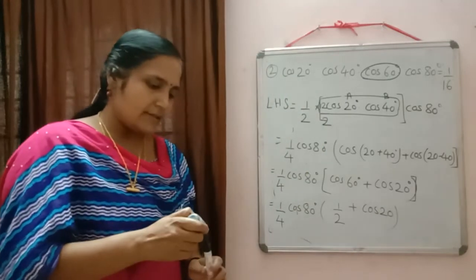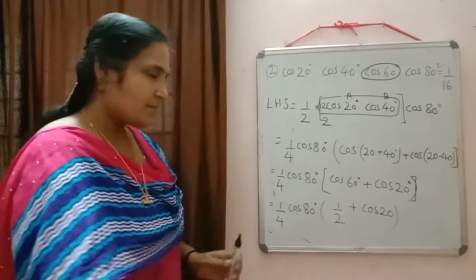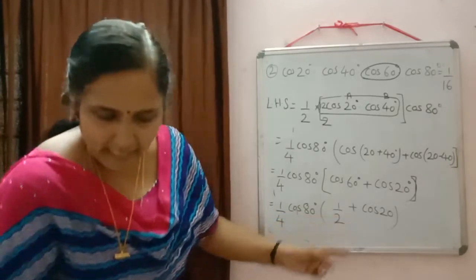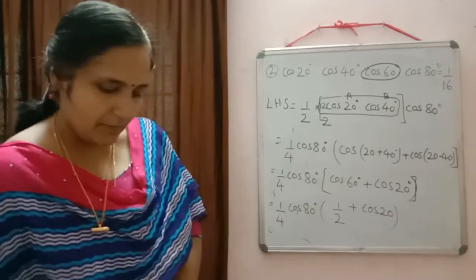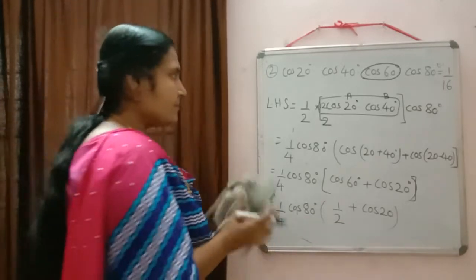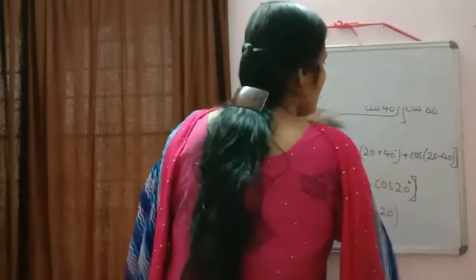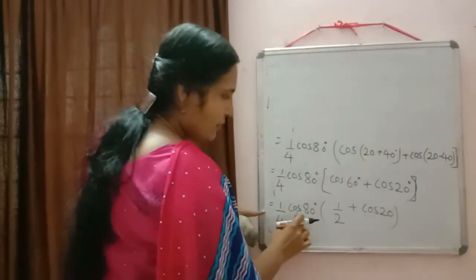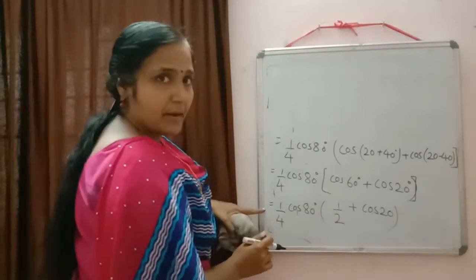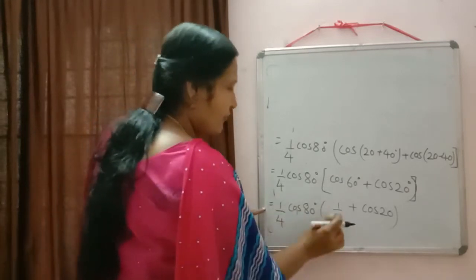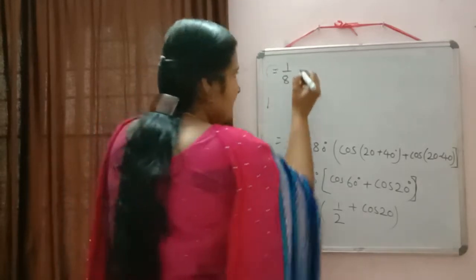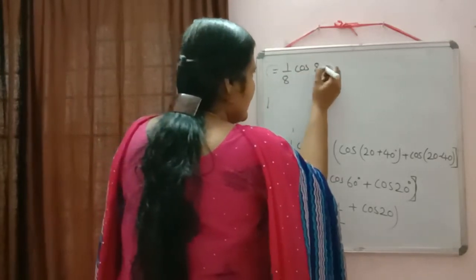So till here it's okay. Now what will we do? We'll multiply this 1 by 4 cos 80 degree inside the bracket. When we multiply, 1 by 4 cos 80 degree is multiplied by 1 by 2, so 1 by 4 into 1 by 2 will be 1 by 8 cos 80 degree.